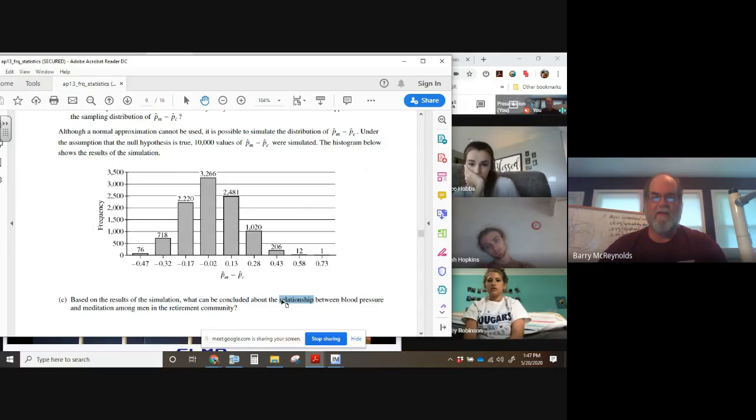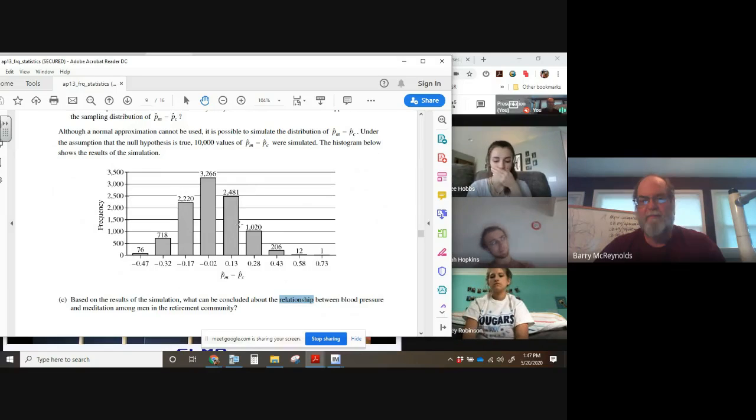So the reader is looking for the code word cause and effect or association here as much as your interpretation of the graph, okay? So again, the p-value is low, so there's evidence against the null hypothesis. But we cannot conclude a cause and effect.